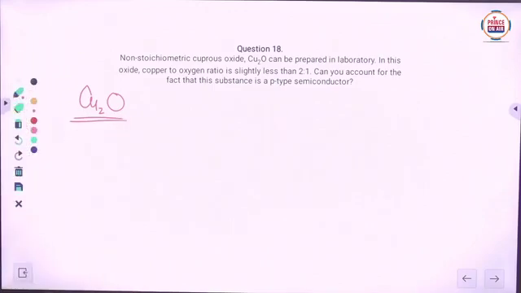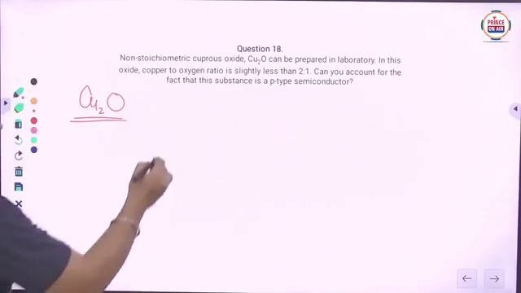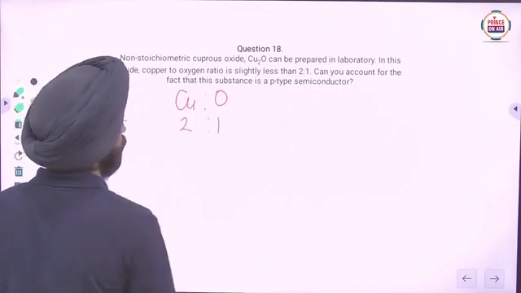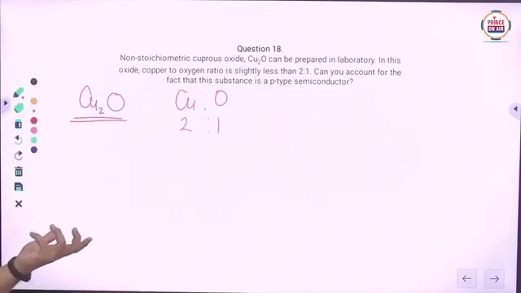Cuprous oxide is the compound here, and the copper to oxygen ratio is given to you, that is 2:1, or you can say less than 2:1.